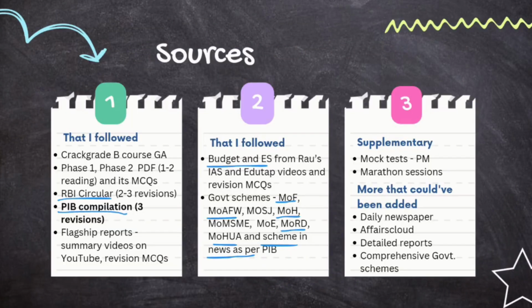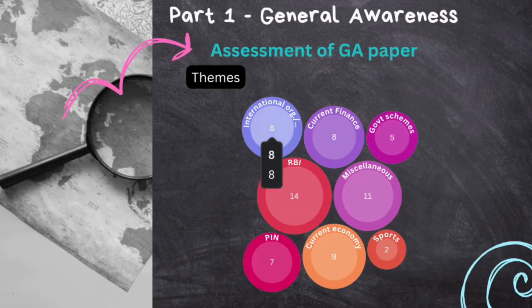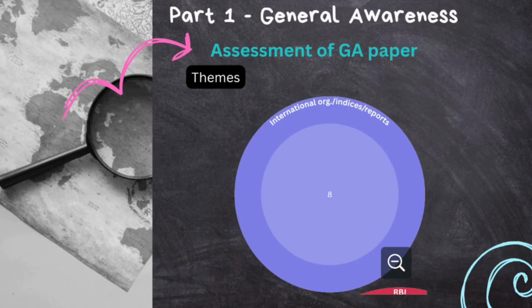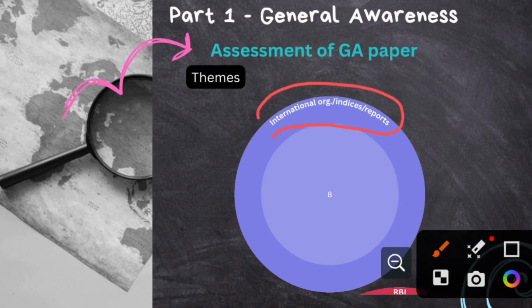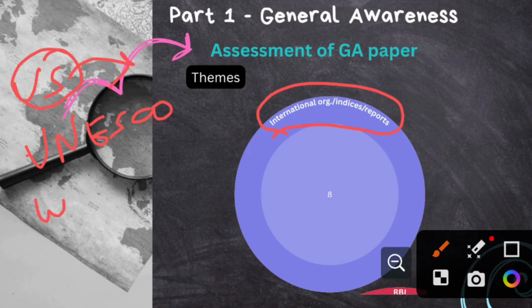So if I talk about the first thing, which is international organizations, indices, and reports. Last year, there was a question on UNESCO, and it was again indirect: the US has decided to rejoin which organization. There was one question related to WHO.